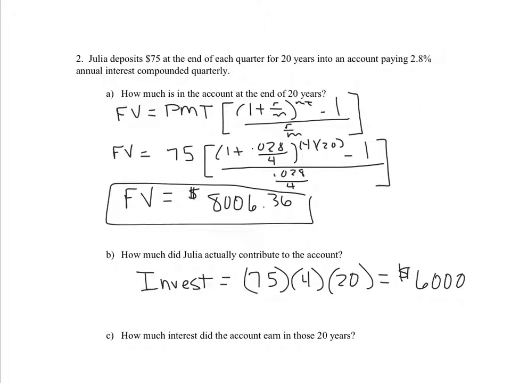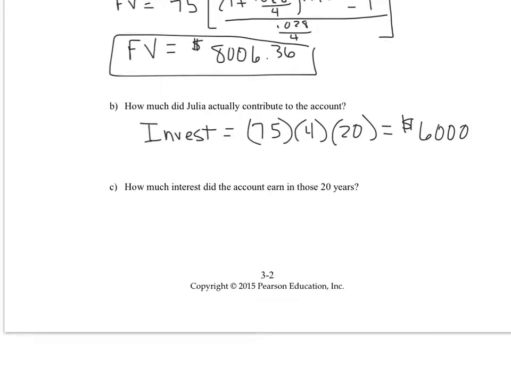Now, over 20 years, for the $6,000 to grow to $8,000, that's because the interest rate is so low. If you were to go back and recalculate this with a higher interest rate, I think you'd be surprised at how much you could do in 20 years with a little better interest rate.